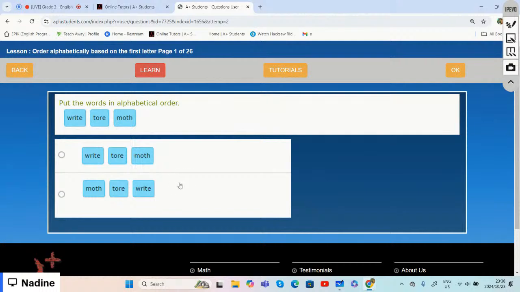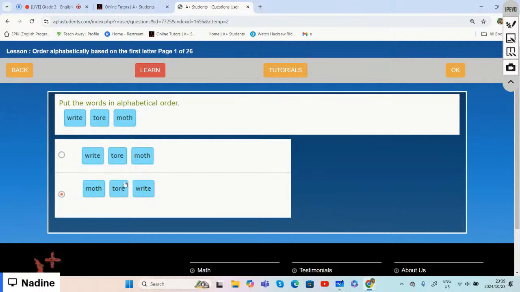All right. And if we were to choose the correct one that is in order alphabetically, so it's white, tore, and moth.